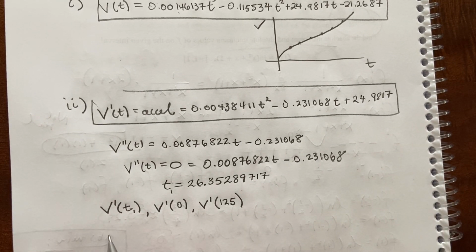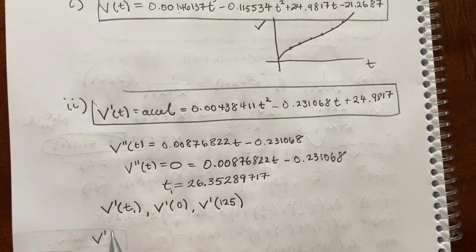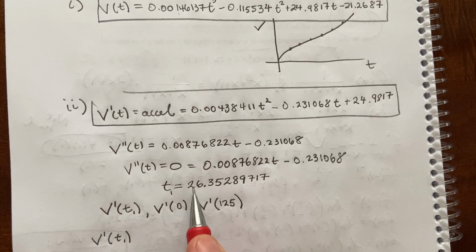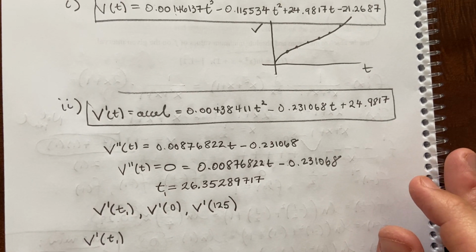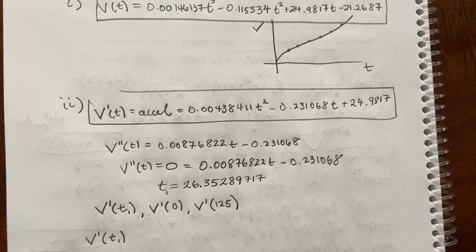So v prime of t1, this number that I didn't want to write again. So let's go ahead and type that in. This might take a second.